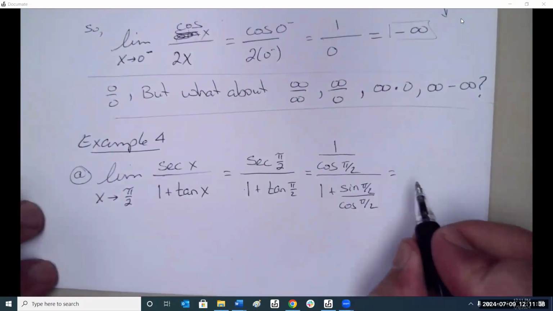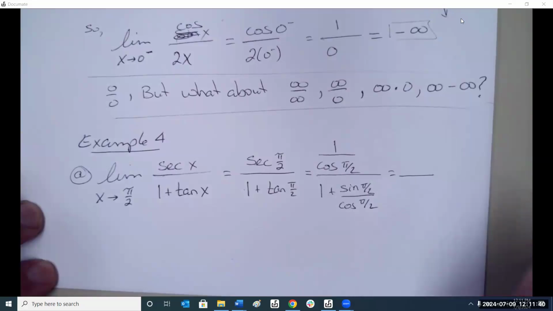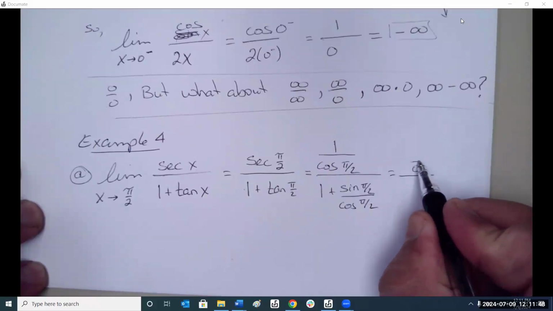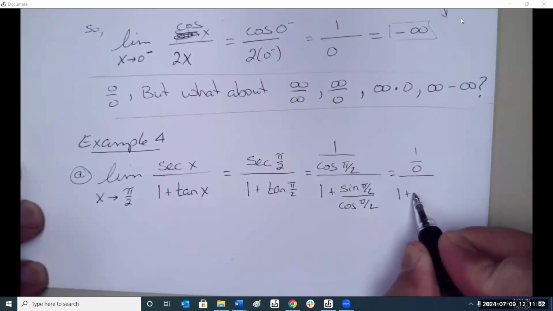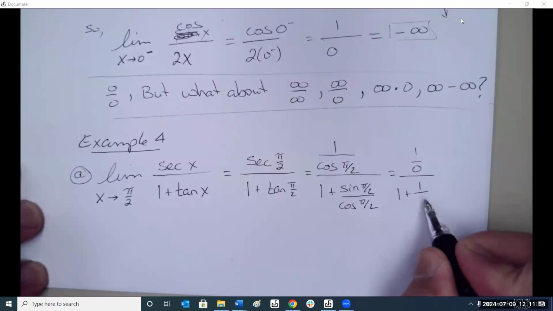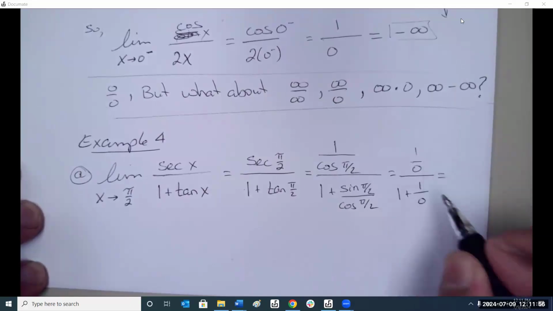So what is cosine at pi over 2? Zero. So it's 1 plus sine of pi over 2 is 1 over 0. So what is 1 over 0?